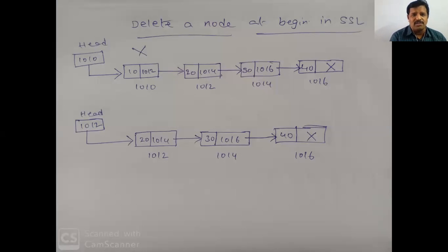Its address is 1012. Right? After deleting this first node 10, automatically 20 becomes the first node. So the head pointer will point to the first node address. Now in this case, the first node is 20, its address is 1012. So the head pointer will point to the address 1012. Right? This is how we can delete the element at the beginning.